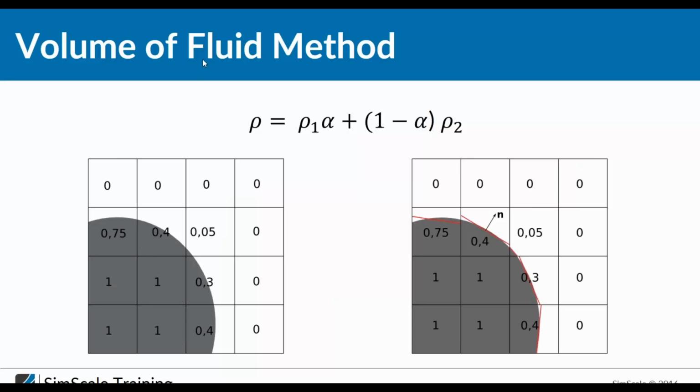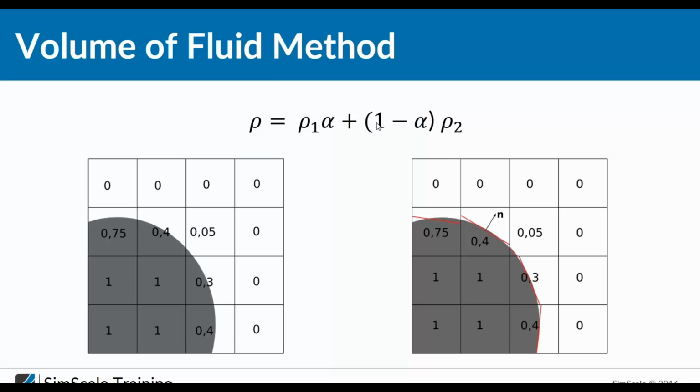Let's make it very easy and take a look at the first equation. Basically, we introduce an additional variable, which we call alpha. Alpha describes which fraction of the cell is filled with which fluid. If alpha is 1, it means we only have phase 1 in the cell.